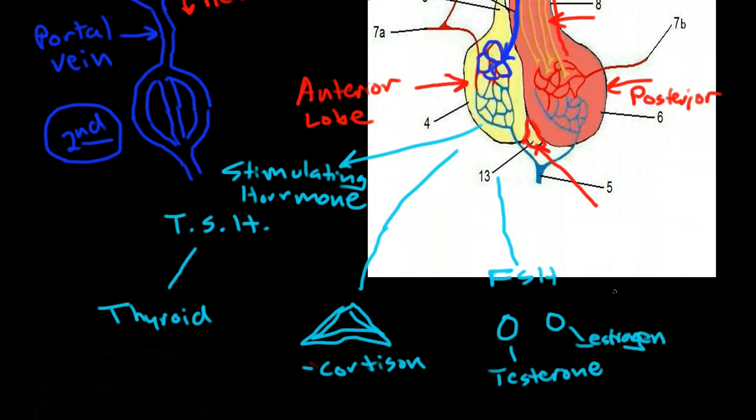Okay, and etc. I know the book has a lot of details about exactly which hormones, so I'm not going to go into every single hormone, but this just gives you an example of how this occurs.